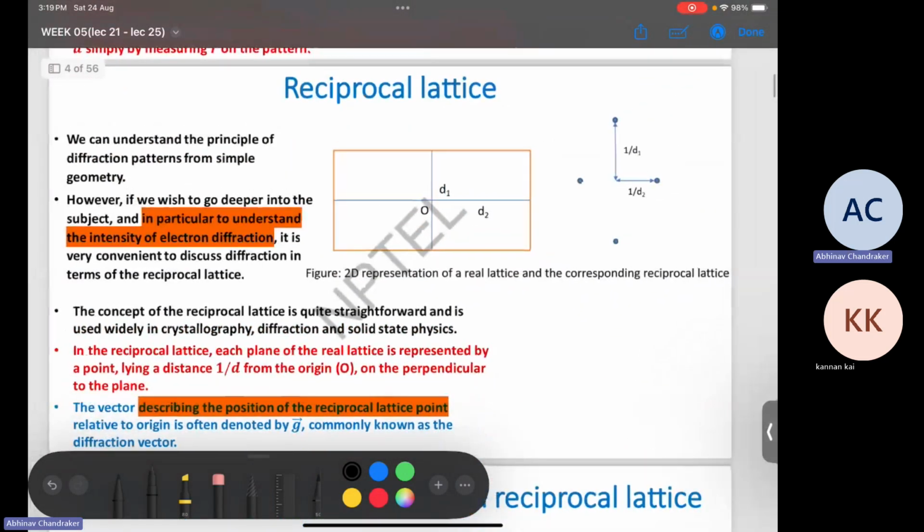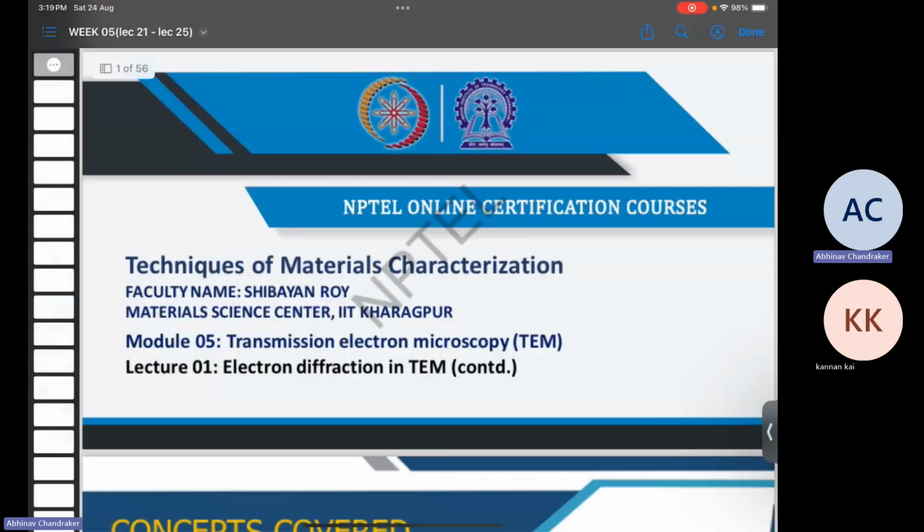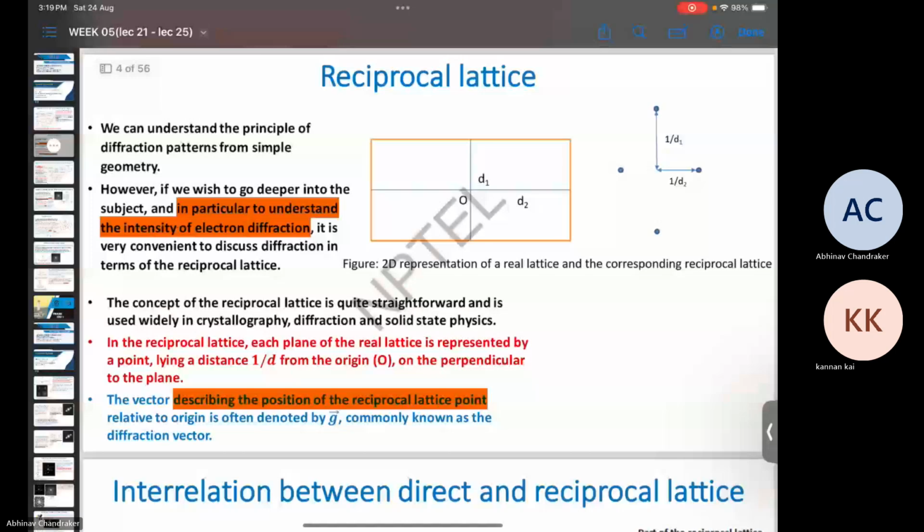Now we'll come to another important idea when it comes to learning about TM. It's also one of the building blocks that you will need to understand, so that you can understand many of the concepts related to interpretation of diffraction pattern in TM.